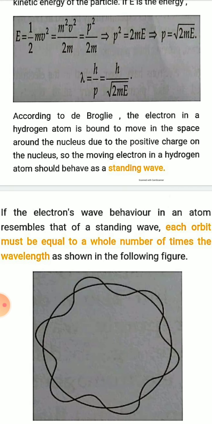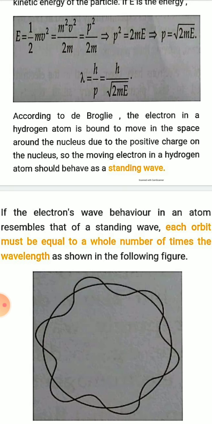According to de Broglie, the electron in a hydrogen atom is bound to move in the space around the nucleus due to the positive charge on the nucleus. Electrons are revolving around the nucleus by the force of attraction due to the positively charged nucleus.